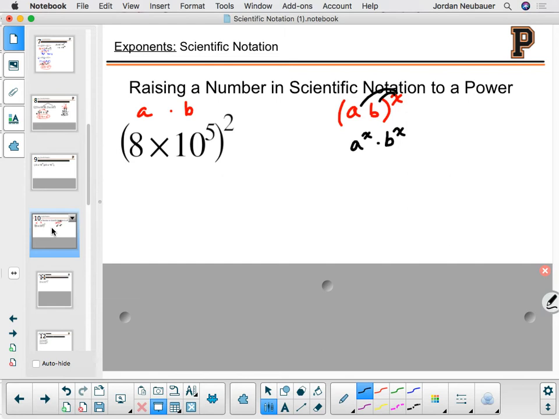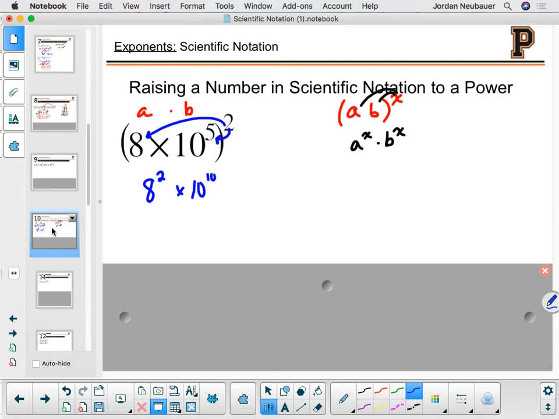Okay, so that's kind of what we did with that. Well, we're going to do the same thing here. This is a really big number times itself, by the way, so our result is going to be really big. We got to apply the 2 to the 8, and then we also have to apply the 2 to the 5. So that's 8 squared times 10 to the 5 times 2 power, or 10 to the 10th.